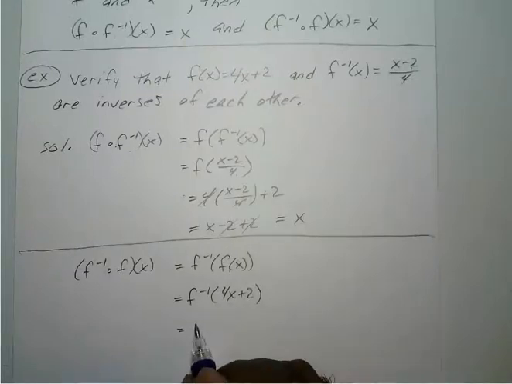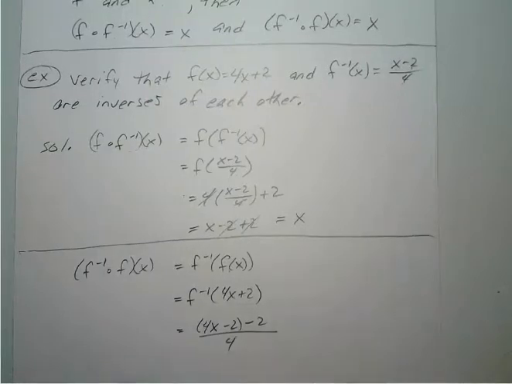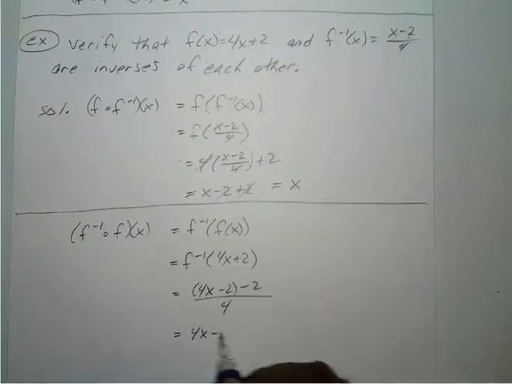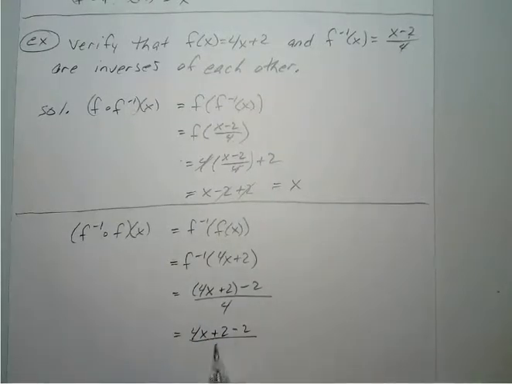So that's going to equal 4x plus 2, minus 2, over 4. Oh, I had to catch that one there.